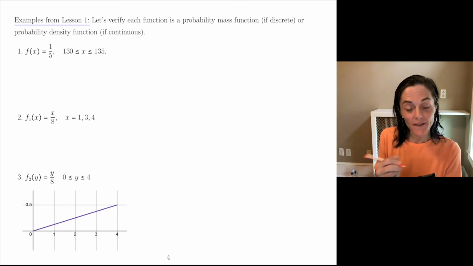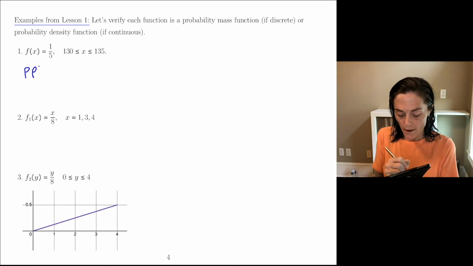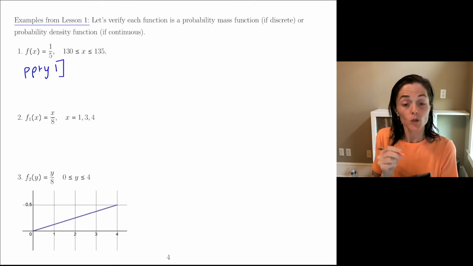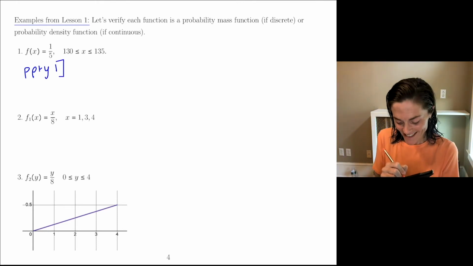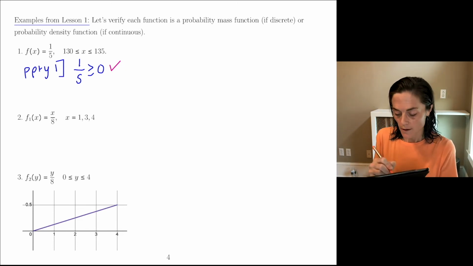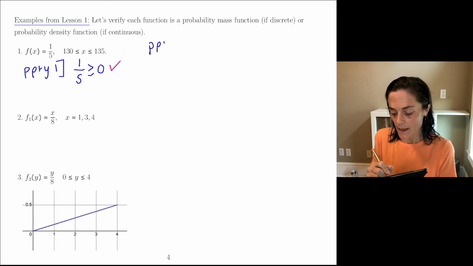Now let's verify. Property 1, well, we need f of x to be greater than or equal to 0. Well, the function is just 1/5. Certainly that's greater than or equal to 0. Okay, very nice.